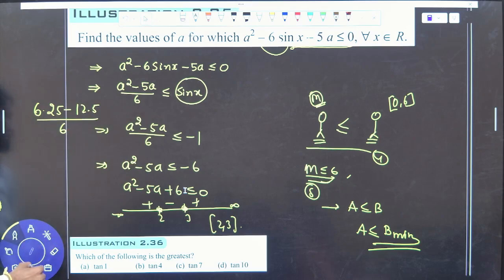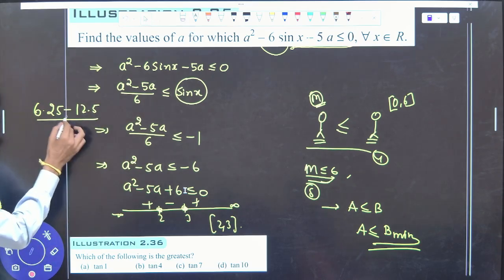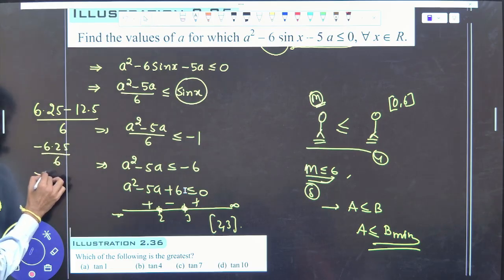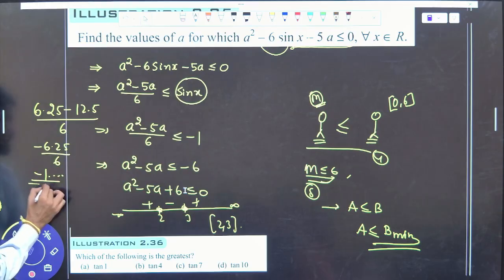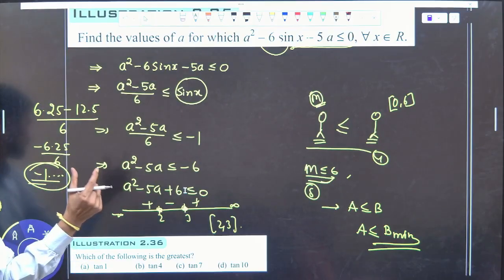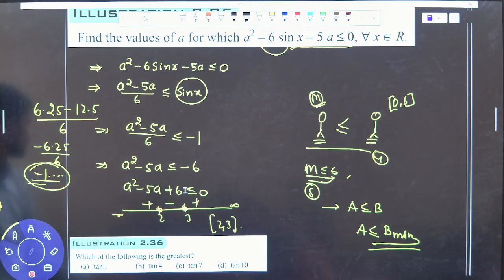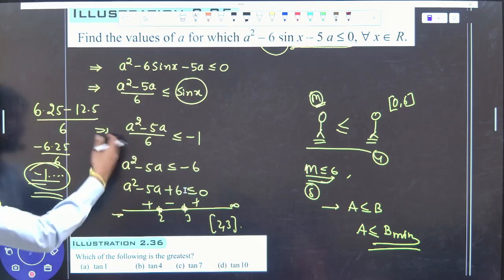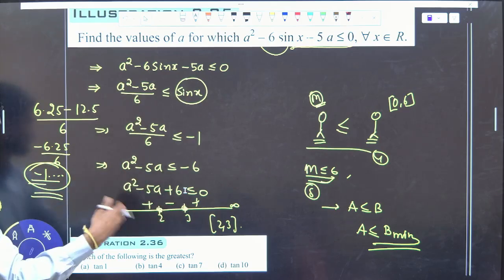What will this become? Minus 6.25 upon 6. What will this become? Minus 1 point something. Tell me, is this value less than sin x or not? Because sin x value will lie between -1 to 1. So any number you take between -1 to 1, check whether minus 1 point something is less than that number or not. Now you take any number other than 2 and 3.